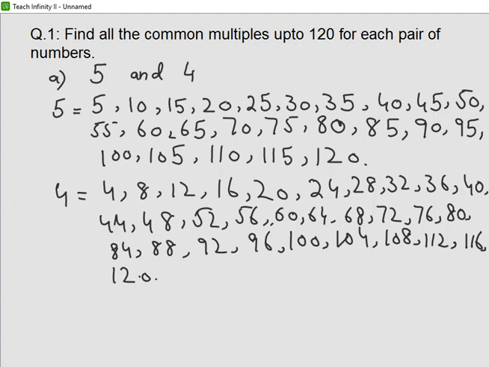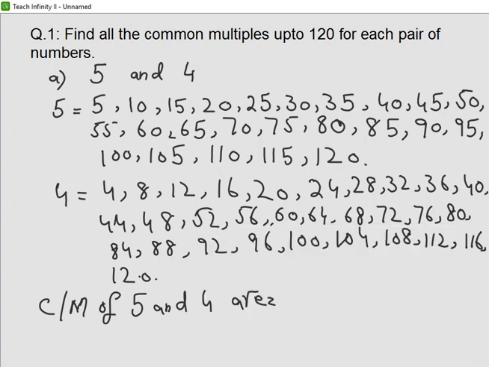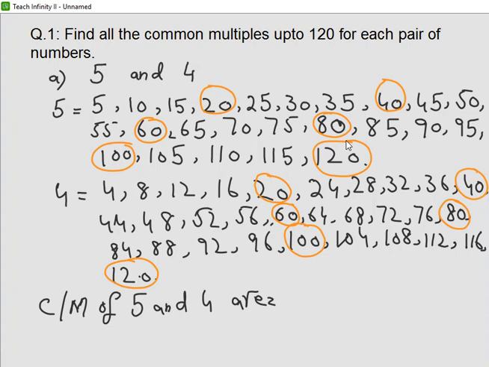The common multiples between 5 and 4 are 20, 40, 60, 80, 100, and the last one is 120.